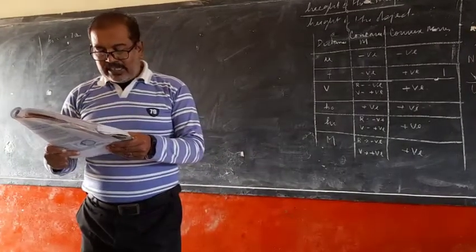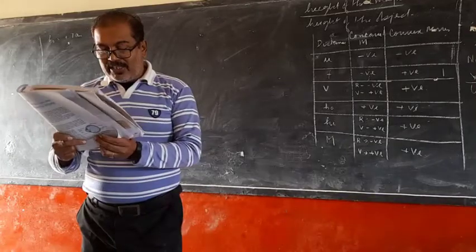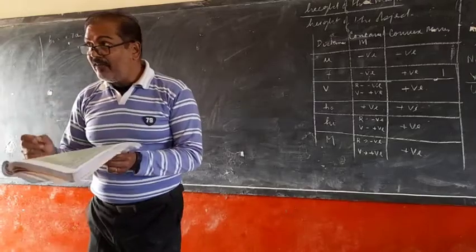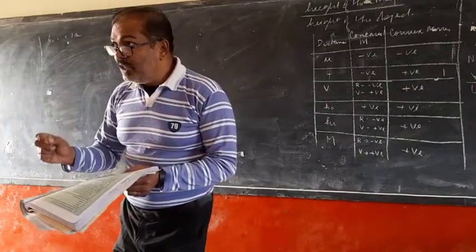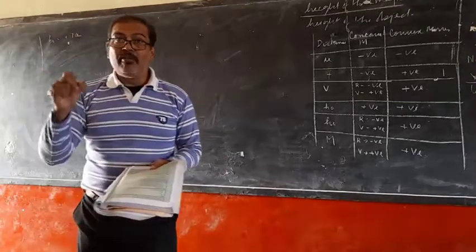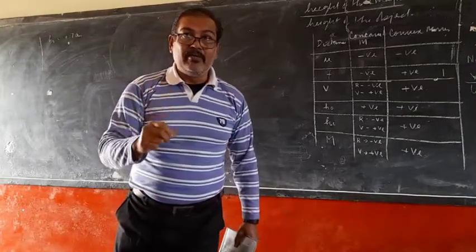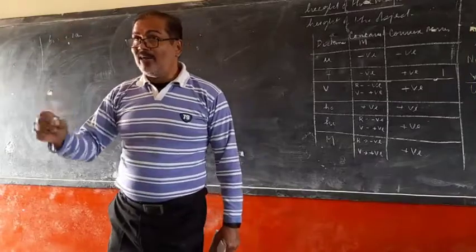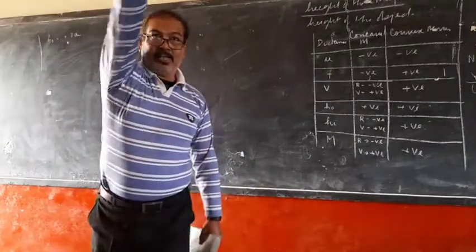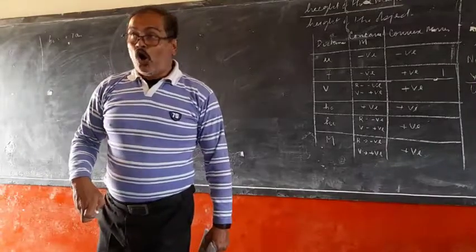An object is placed 27 centimeter in front of a concave mirror. Boys, what is 27 centimeter? Raise your hand and answer. Object distance.